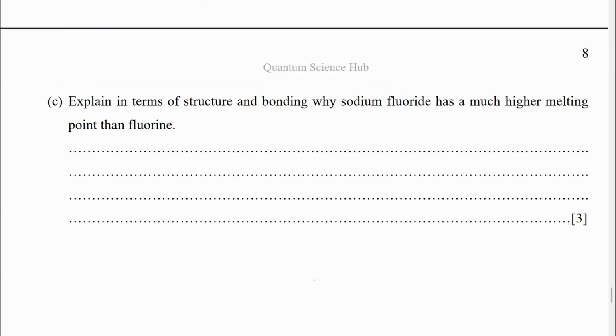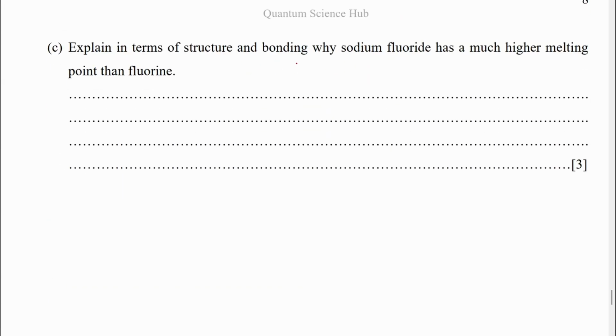Okay? Next, explain in terms of structure and bonding why sodium fluoride has a much higher melting point than fluorine. Okay, so sodium fluoride is what kind of bonding? It is ionic bonding, right? While fluorine here is covalent bonding. So in this case, you can just explain why ionic bonding has a much higher melting point than covalent bonding.